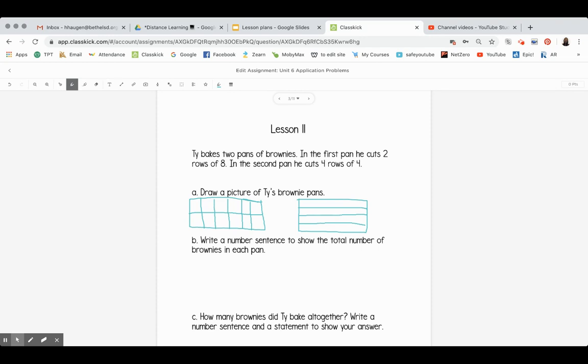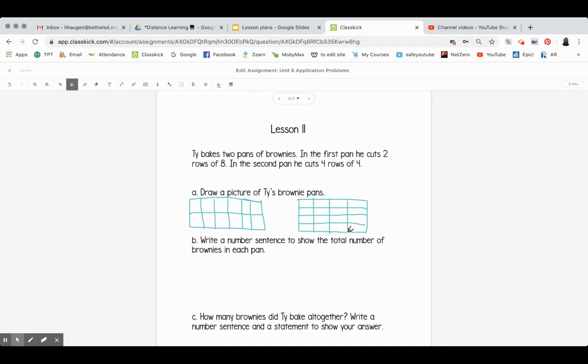So now it says he has 4 rows of 4. So I have my 4 rows. Now I need 4 brownies, so to speak, in each of those rows. Because I need 4, I'm drawing 3 lines. I'm always drawing one less line than I need. So I can do that very easily. I draw 1 in the middle, and then I draw 1 on each side.